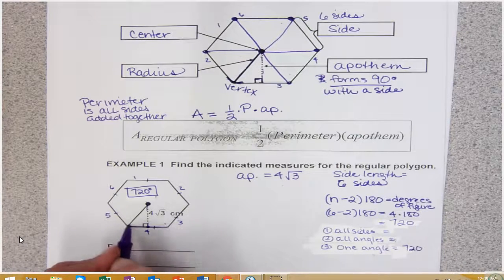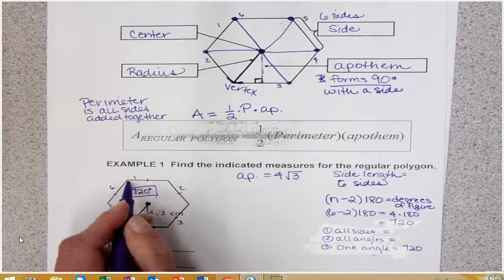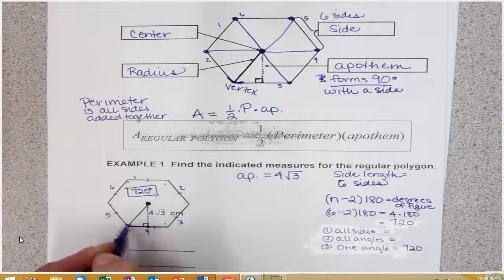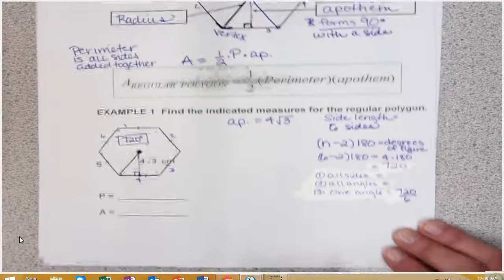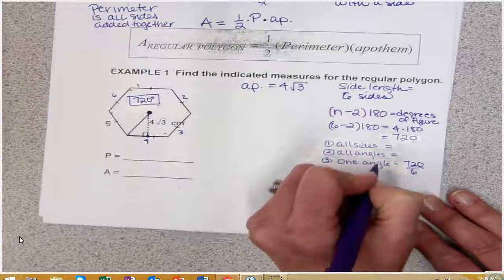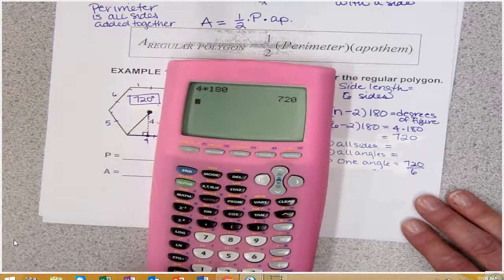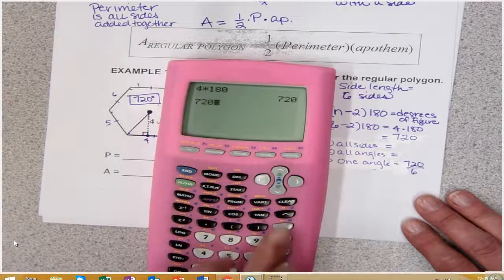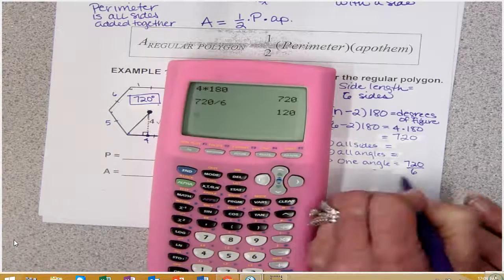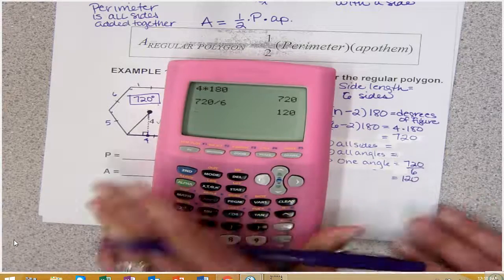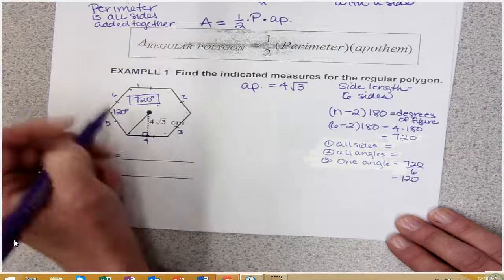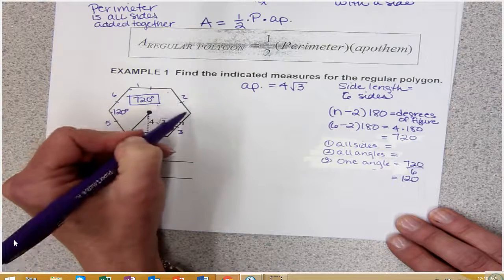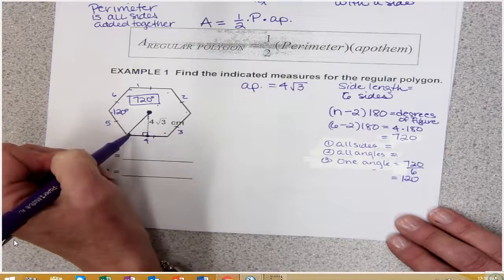If I have 6 angles, I take 720, divide it by 6, and I will get 120. So I know that this angle equals 120, and they are all 120, 120, 120, 120, 120, 120.